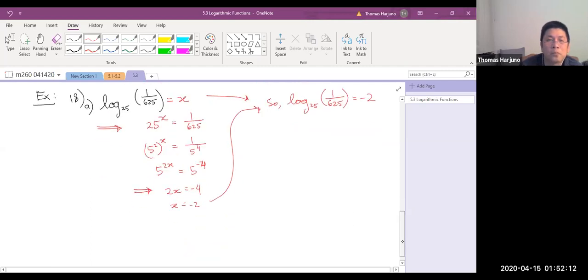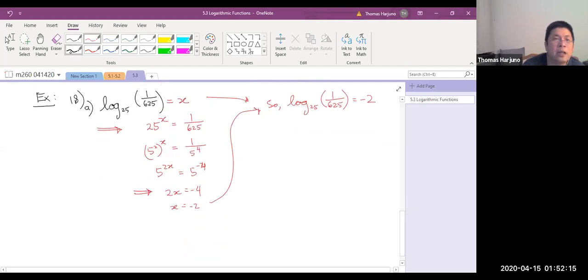Okay, that's for 18a. Let me go ahead with 18b. I believe I have enough time. 18b, log base 16 of 1 over 64. Let's call this y now. You can use x if you want, but let me call that y for now. Let me give you 2 minutes to work this out.